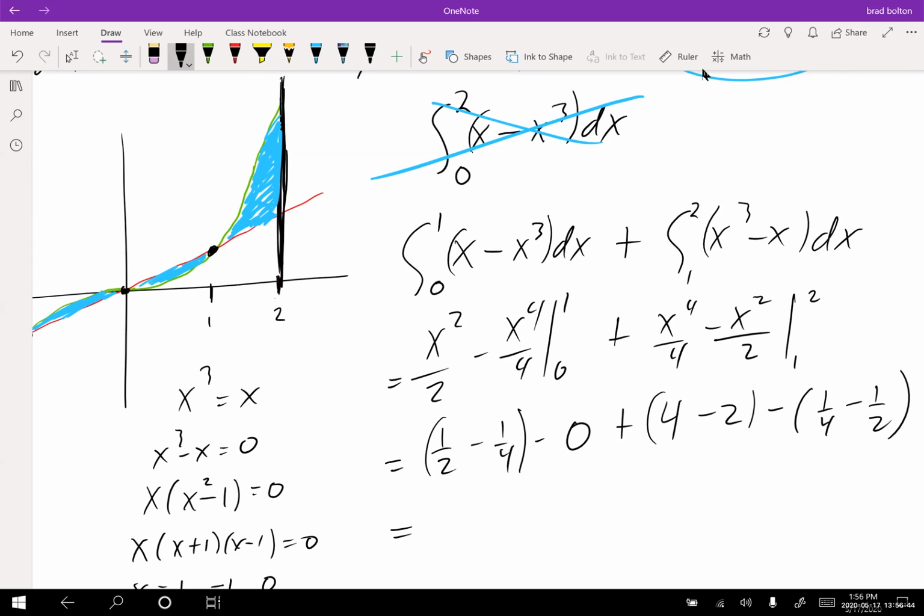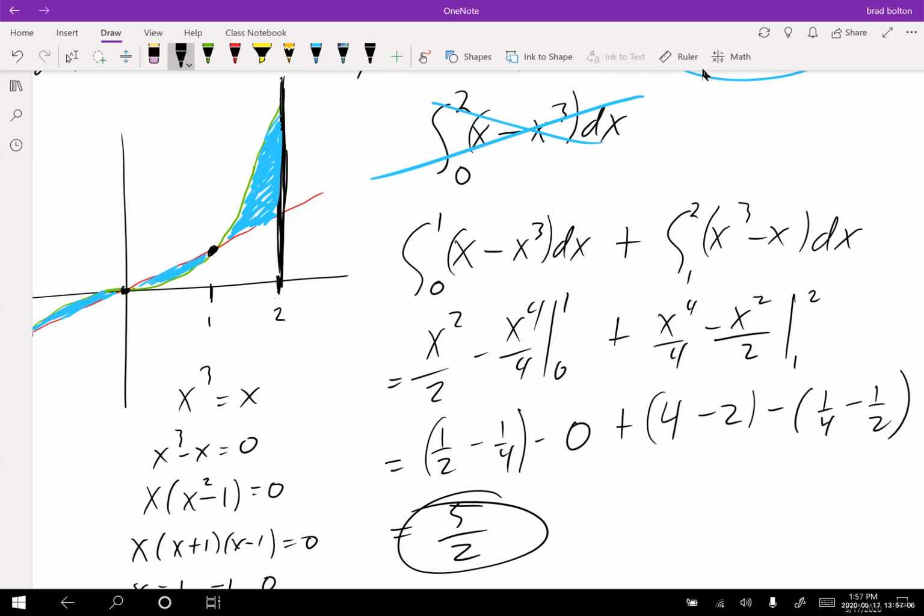So let's evaluate this. I'm just going to use my calculator once again: 1 divided by 2 minus 1 divided by 4 plus 2 minus 1 divided by 4 plus 1 divided by 2. Math frac. I get 5/2, which is the correct answer.